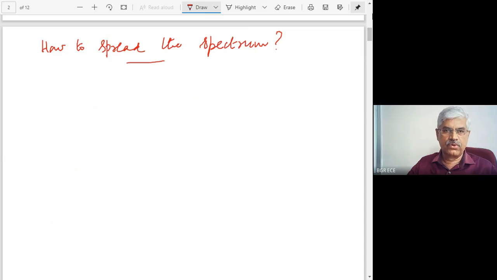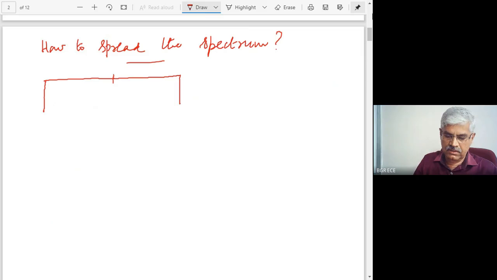Now, as I told you, we had a binary waveform. It had a particular spectrum, and if it has to be spread, it is related to this. Let us say suppose the binary waveform is 1, 1, 0.